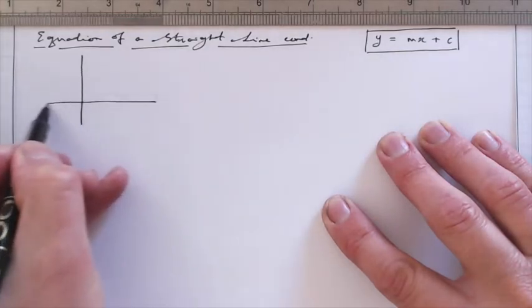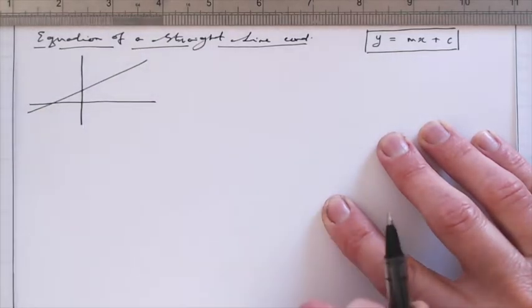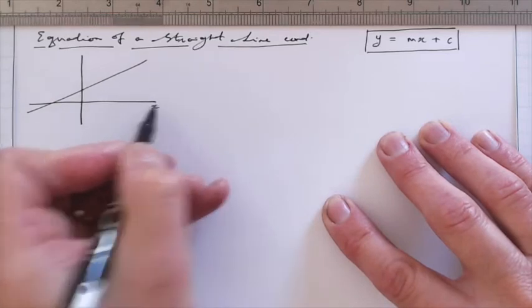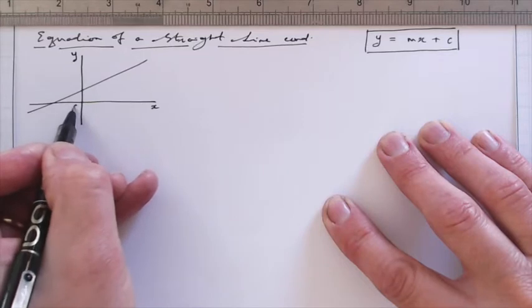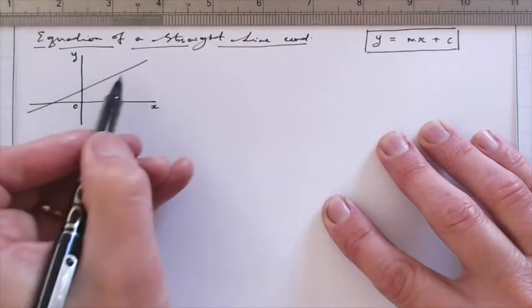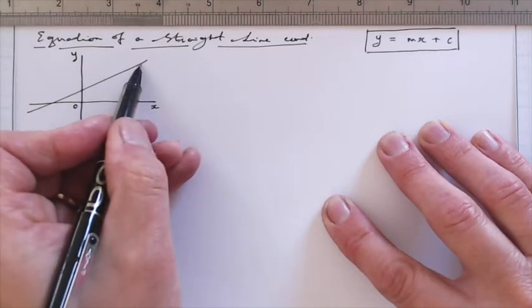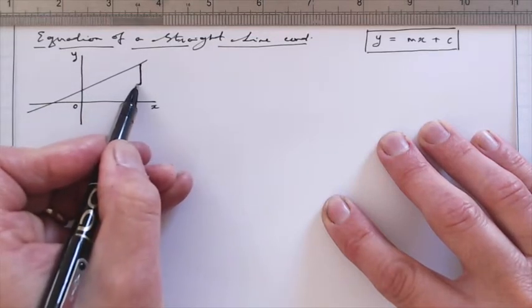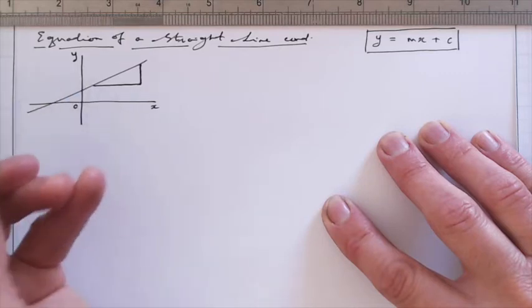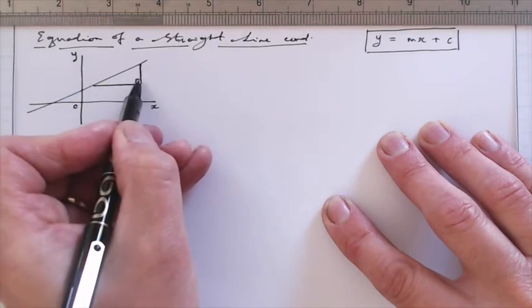Imagine I have some straight line, okay? Now, if we wanted to think a bit more precisely about what the slope is, we can imagine drawing a line that comes directly down and then a line that goes across, making a right angle triangle here.